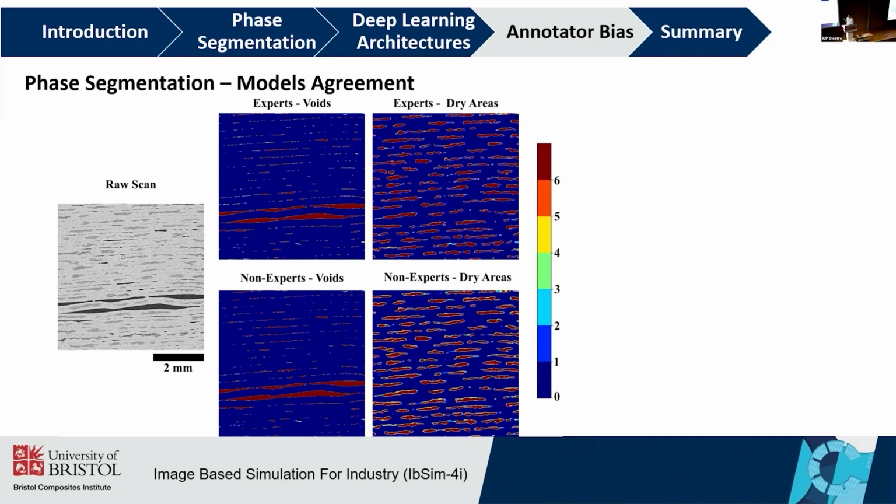And why did it happen? Because these edges are really ambiguous, it is the interface, and most of the annotators had trouble putting the limits or drawing the edges of the dry areas. When does a dry area start? When does a dry area end? So this also causes this disagreement in these locations.